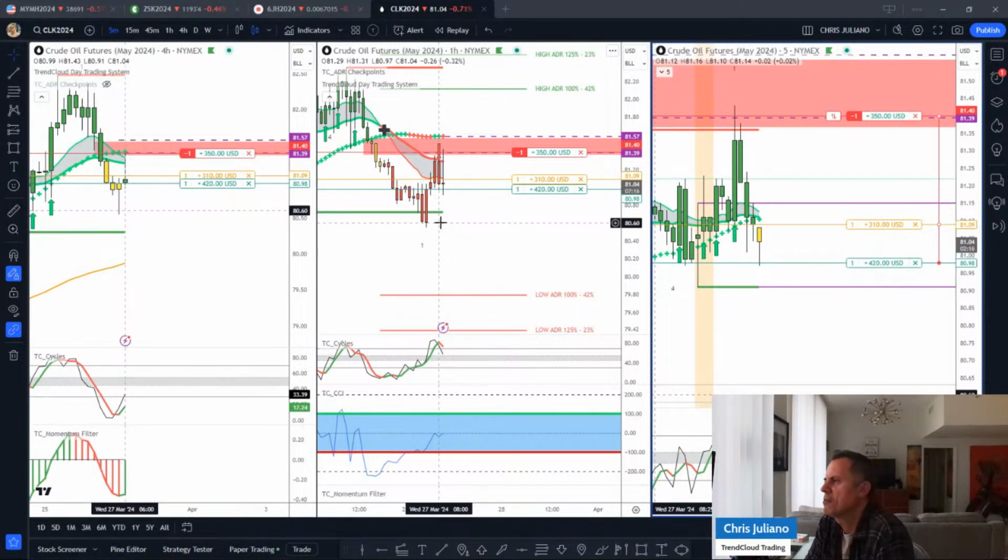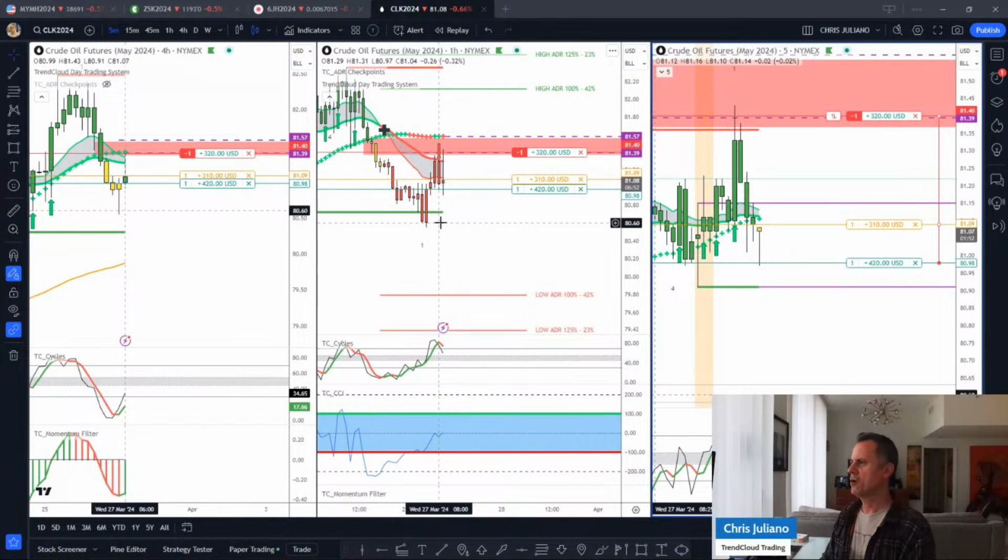If you're going for a target, the first time it hits that target area, that is the most. I've got to watch my posture. Oh, sit up straight, Christopher.